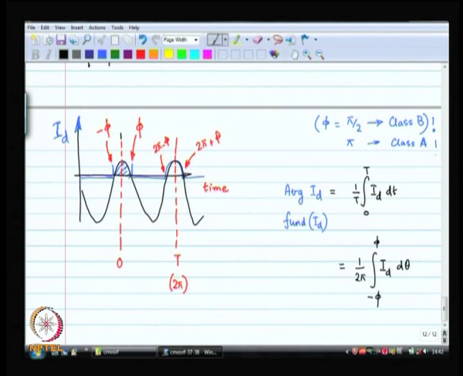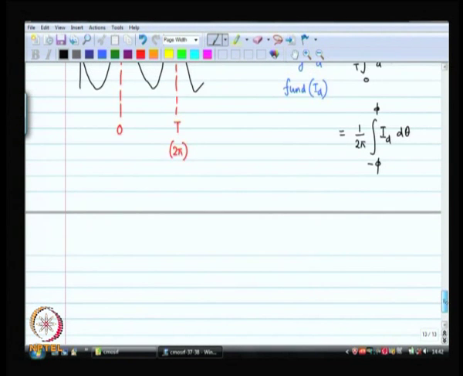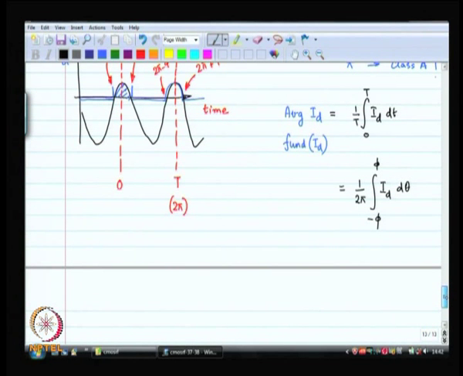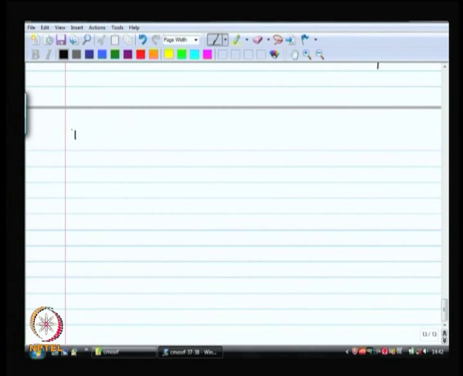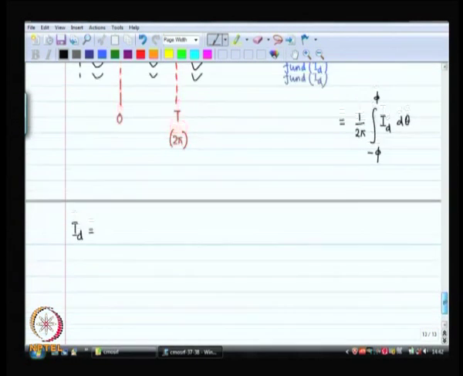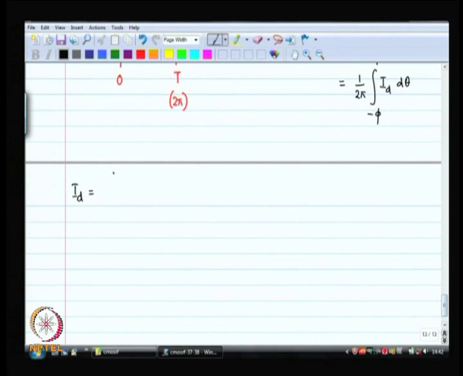So, now all I need to understand is what is a general expression for I d. All right. So, I d is equal to 0 outside of the conduction angle.